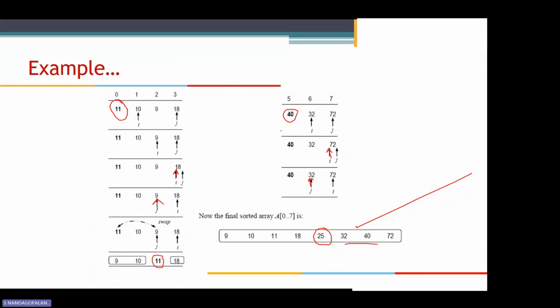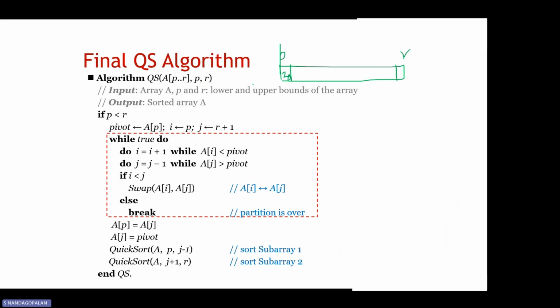First one is 25, I think, correct. So 25 is my pivot element. And i starts from p, and j starts from r plus 1.